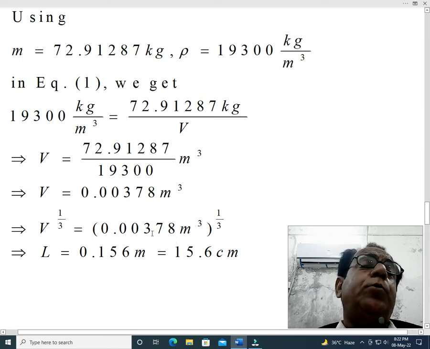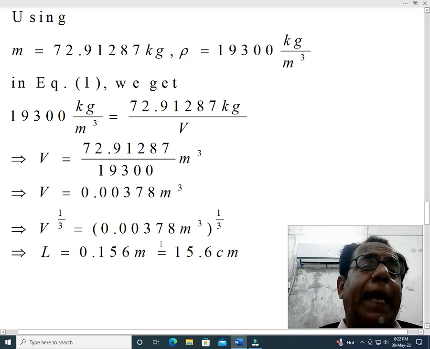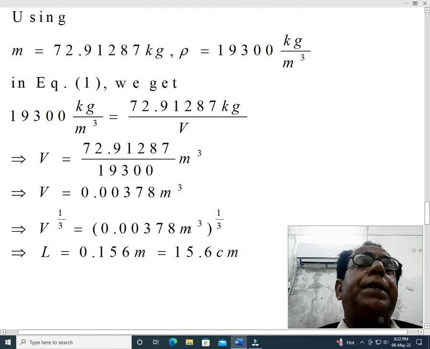Now dear students, we take cube root on both sides. When we take cube roots on both sides, then it will become v raised to the power 1 by 3, and we know that v raised to the power 1 by 3 is equal to L, and hence L has become equal to, when we take cube root of this, meter cube will be converted into simply m.